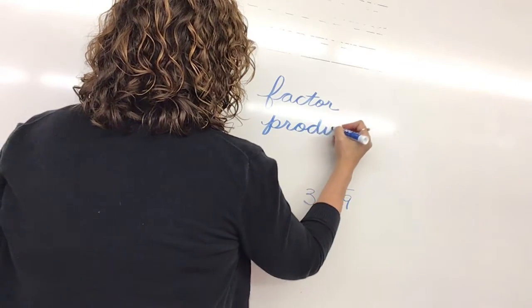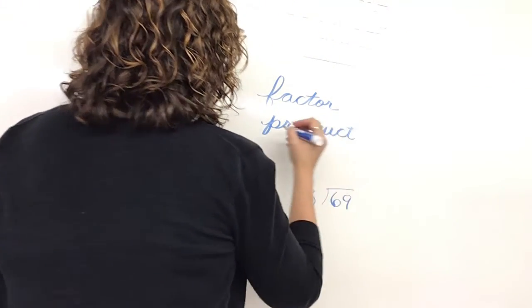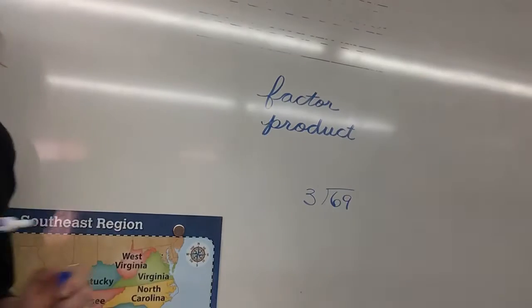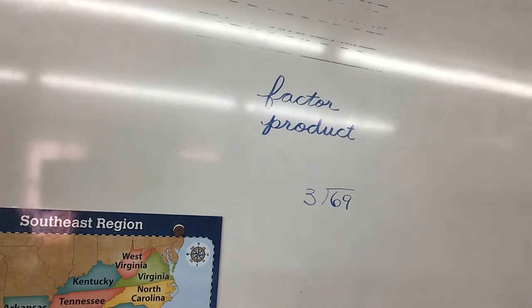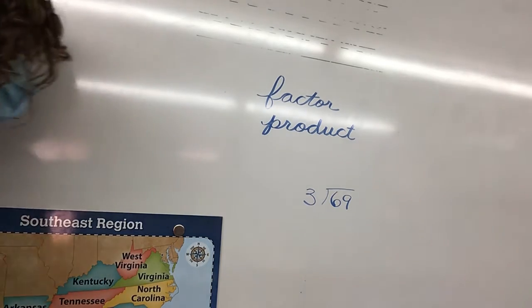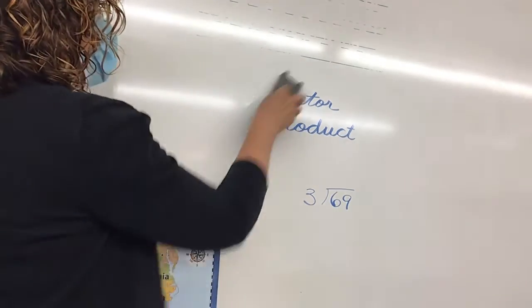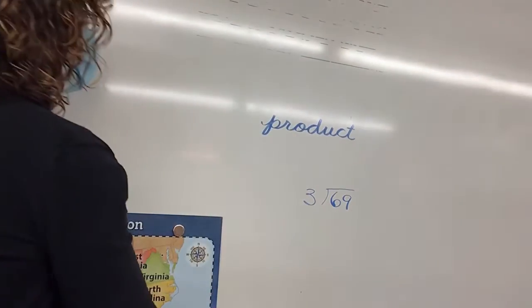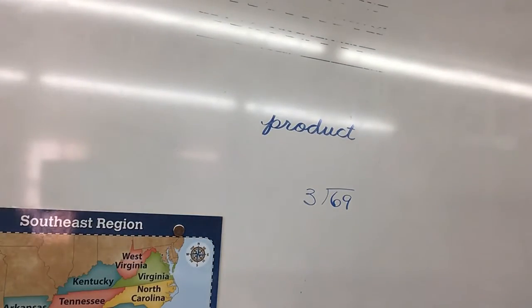Okay, are you done with factor? No, we're on product. I just asked if you're done with factor. Is there anybody that's not finished writing factor? Okay, then I'm gonna erase factor, and you need to finish writing product. I figured since I didn't make you write factor and then product, I just made you write it one time. All right.